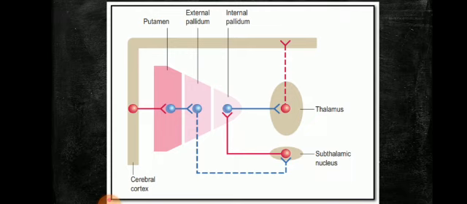Now this globus pallidus external subthalamic fiber is also a GABA releasing fiber. So when that particular fiber is getting inhibited, the GABA, the inhibitory neurotransmitter released at the subthalamic nuclei, is less. So there is more stimulatory impulse traveling through the subthalamo-globus pallidus internal fiber.